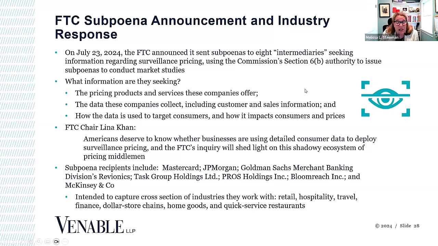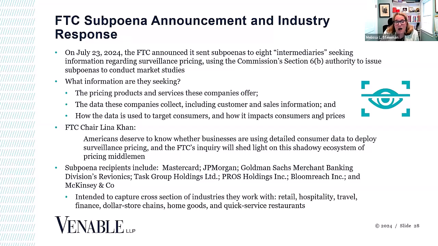These middlemen are providing products to third parties like Starbucks or McDonald's or Home Depot or the like, which then helps them to do a variety of things that have to do with use of pricing data, or to price products and services and the like.